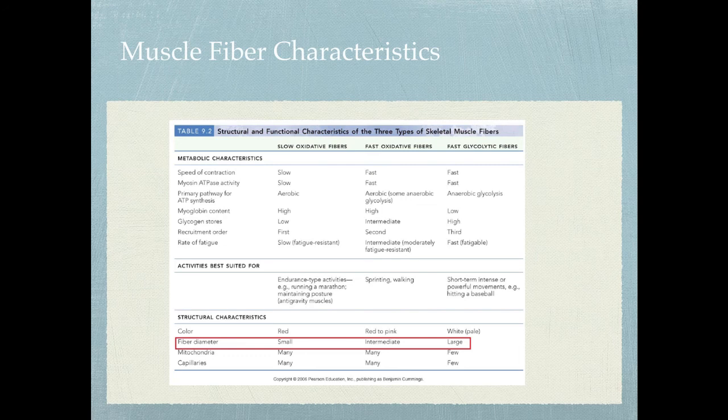Yeah, the slow oxidative fibers, right? So that's very important. Now the real question becomes this: how malleable is this? How can you manipulate this with training? Right? Are we genetically programmed to have a certain dominant fiber type, and can we change that?